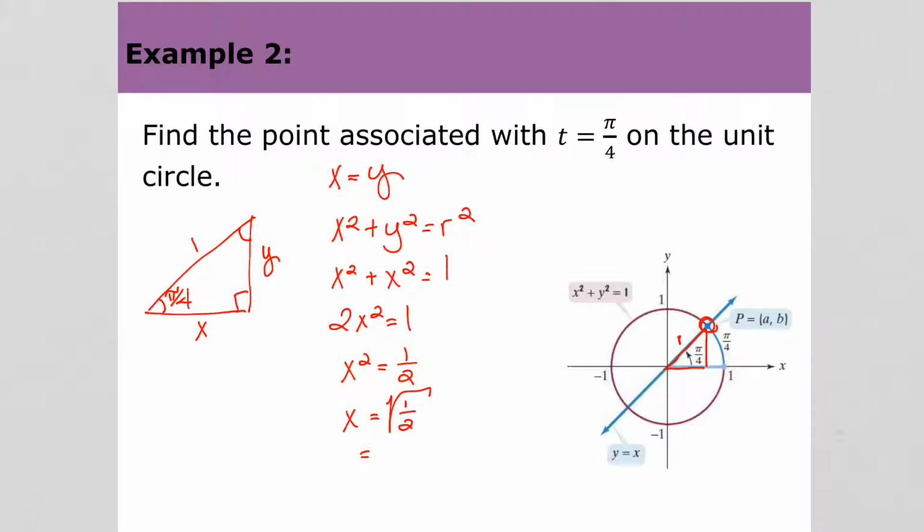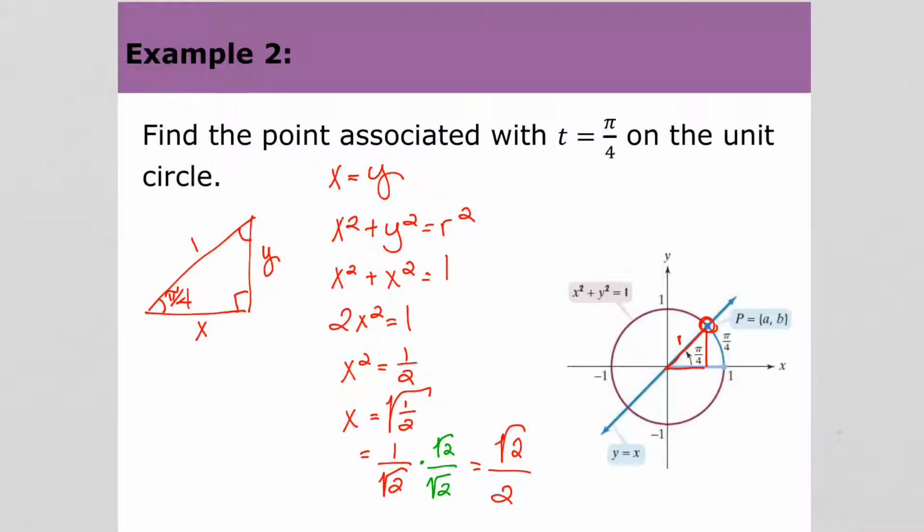That gives us, square root of 1 is 1, over the square root of 2. And of course, we have to rationalize the denominator, get rid of the square root. And so we've got square root of 2 over 2.